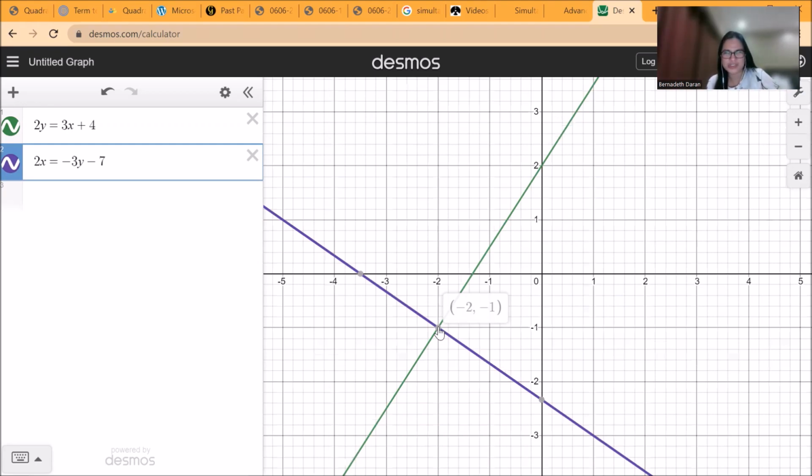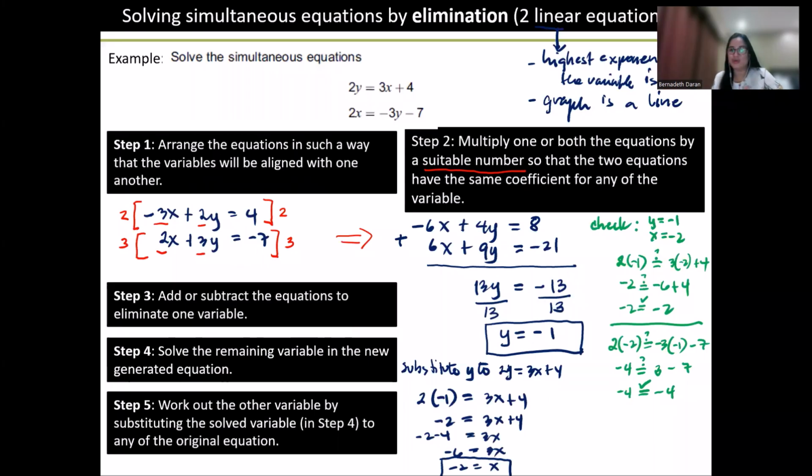And have we seen these numbers before? Yes. Those are the values that we got when we did the elimination. Okay? So as you can see, when we do the elimination, what we really get is the point of intersection of these two linear equations.